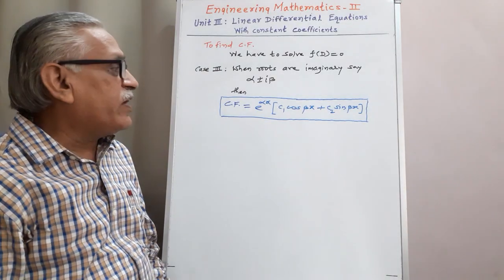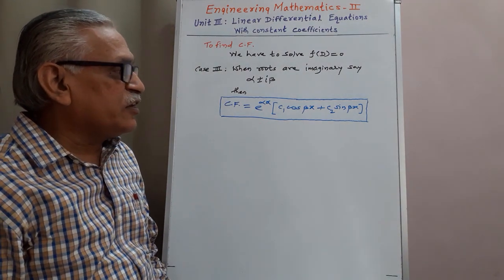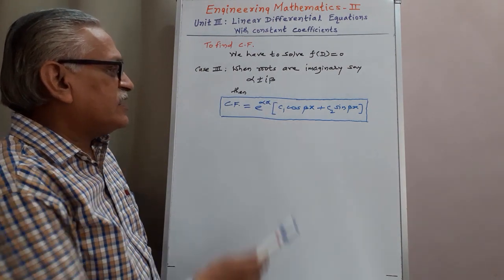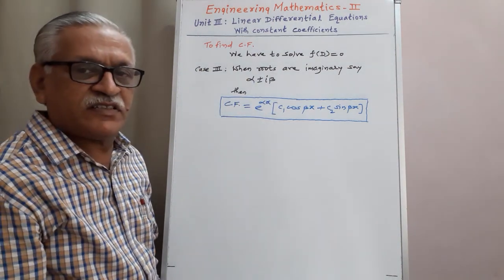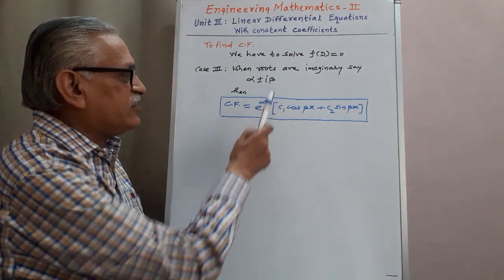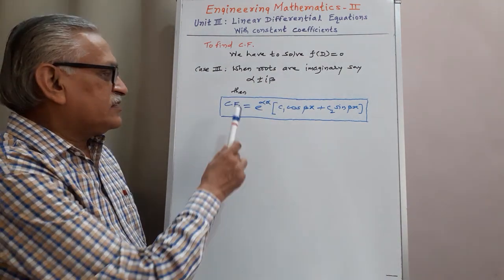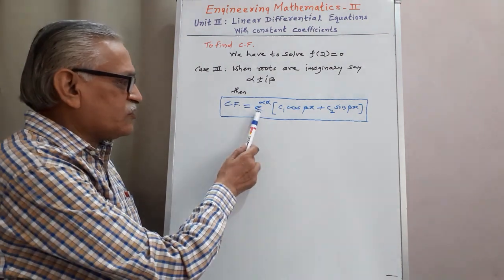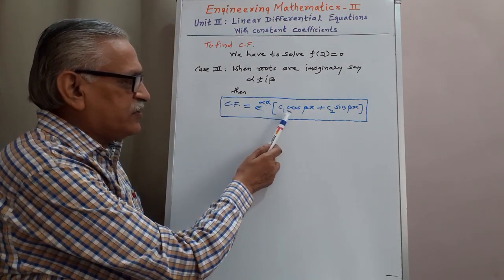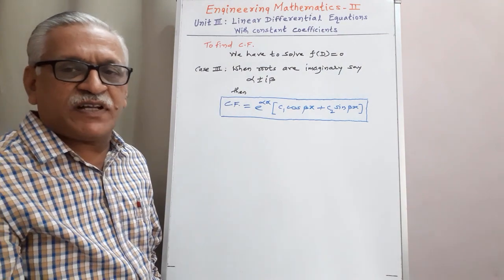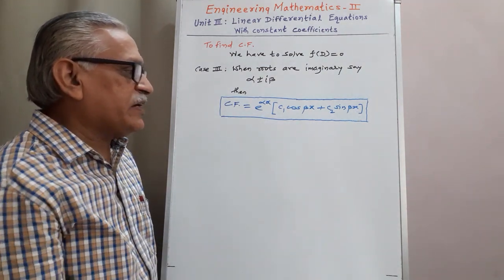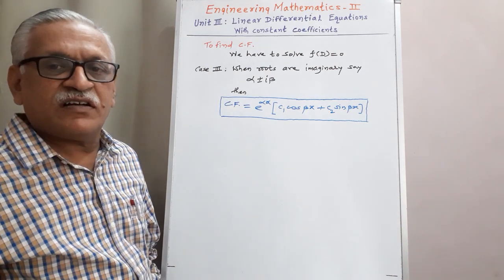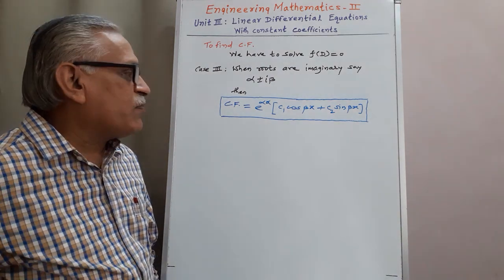Case third, when roots are imaginary, say in the form of alpha plus minus i beta, where alpha is the real part of that complex number and beta is the imaginary part, then the complementary function is given by e raised to alpha x into, in bracket, c1 cos of beta x plus c2 sin of beta x. By this we can write the complementary function.